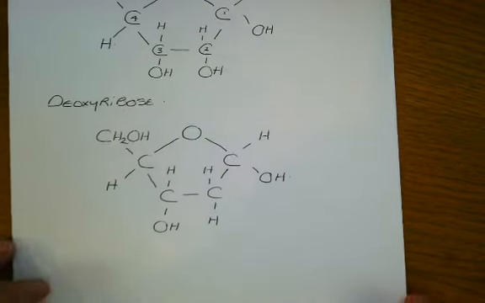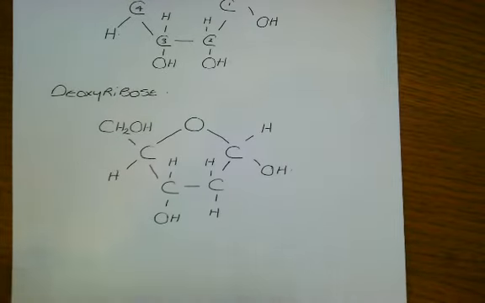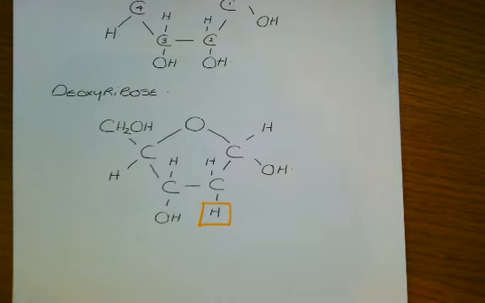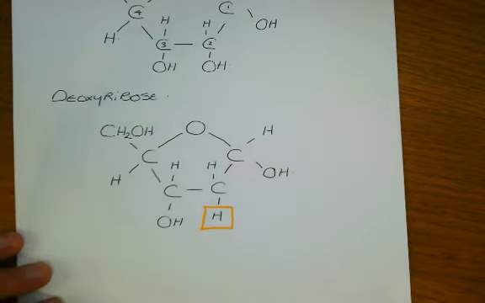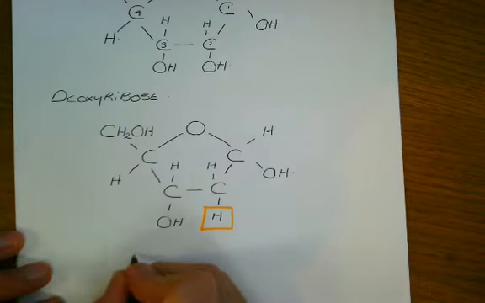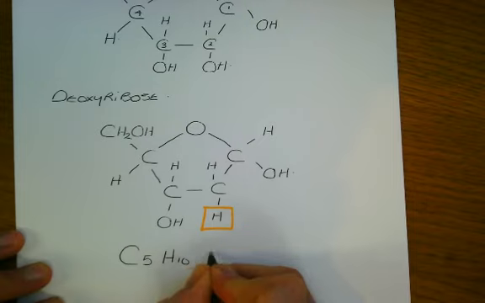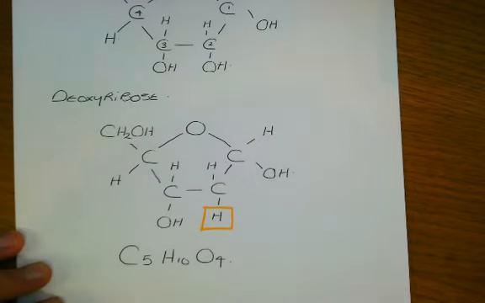At carbon 2, instead of an OH group, we have a single hydrogen. So it's missing an oxygen, and that's what deoxyribose means, without an oxygen at this position here. So this is deoxyribose, and its formula is C5H10O4.